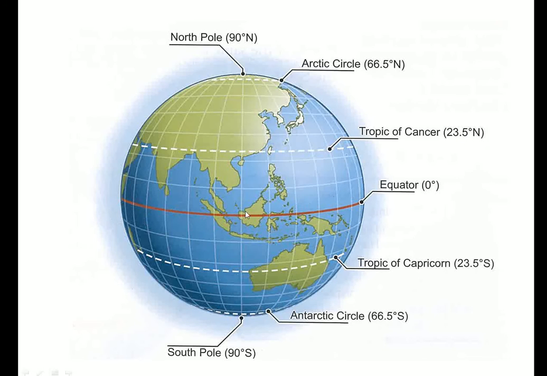And this I have mentioned, this is called the Equator. Next one is the Tropic of Capricorn, 南迴歸線. And also we have the Antarctic Circle, 南極圈, 66.5 degrees south. And the last one we have is the South Pole.